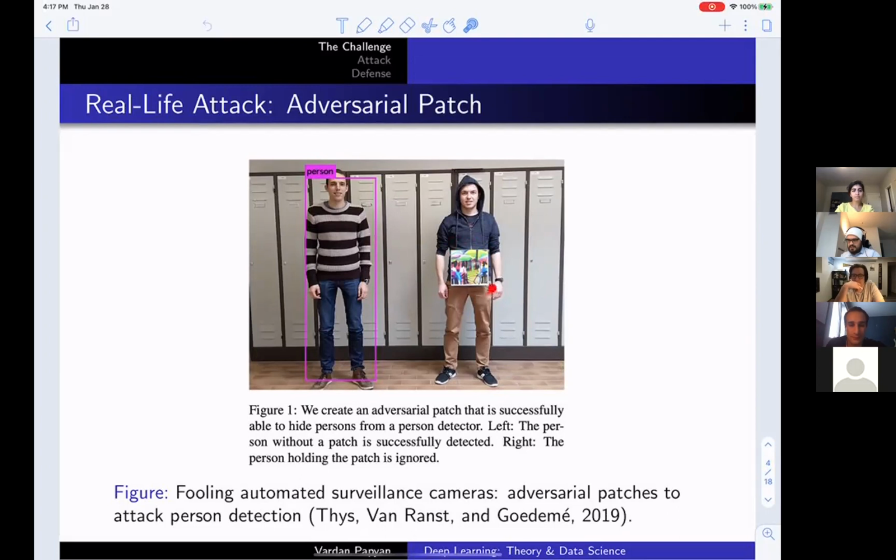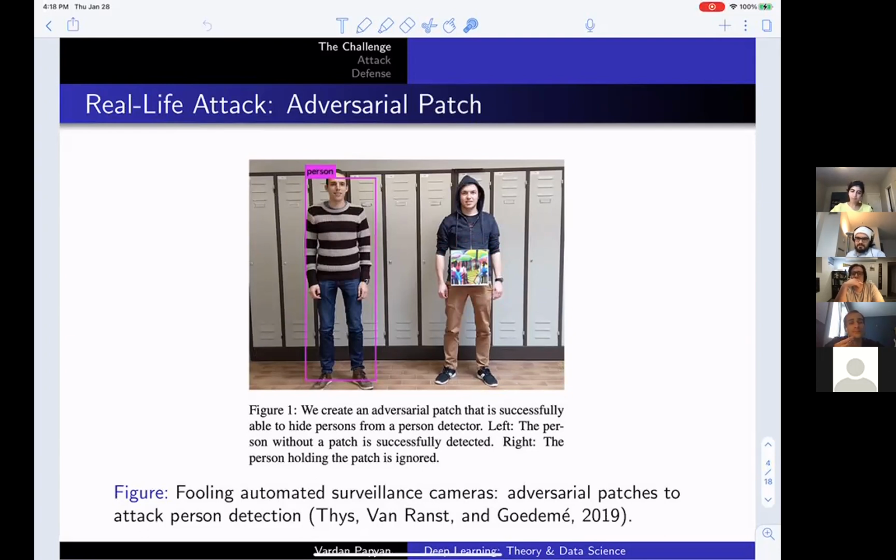The attacker has this adversarial patch, which looks to me like a strange patch of colors. It's just something that they printed. And if a person is wearing this patch on them, then the system is unable to identify the person.